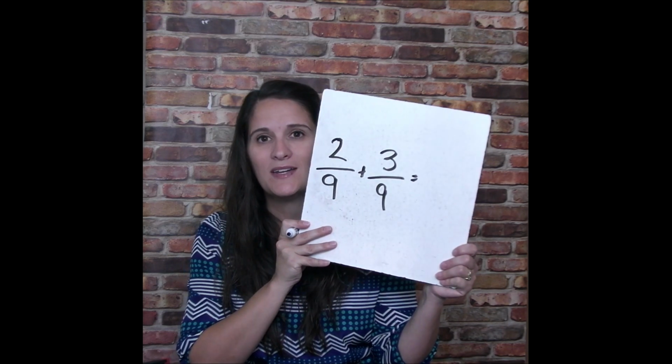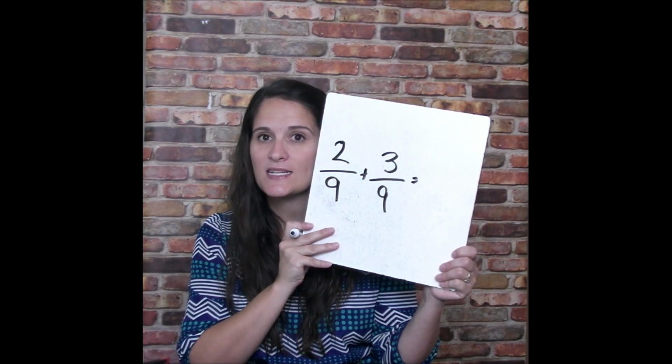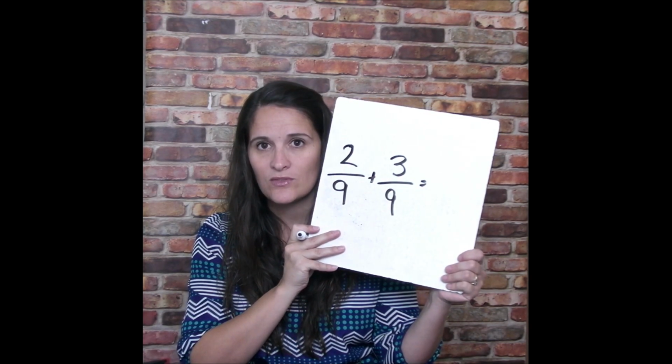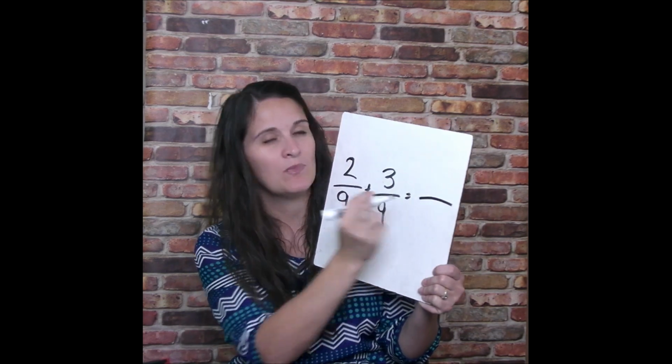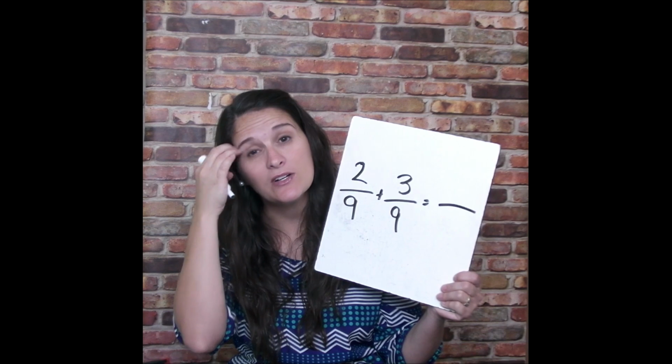So let's do one more. I'm going to let you work this one on your own for just a second. I have 2/9 plus 3/9. What does that give you? Take a second. Go ahead and put your line. What's your denominator?